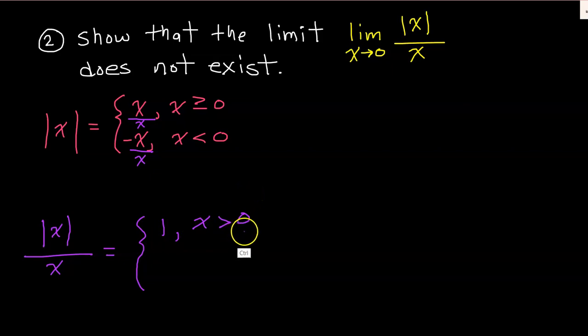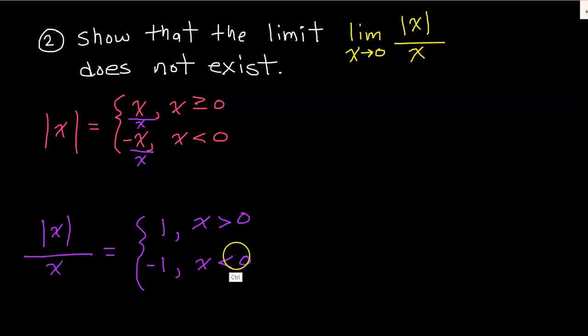At 0, it's just plain undefined. So we don't need to write anything about that in the piecewise function. Anyway, if we have negative x divided by x, that's going to be negative 1. Again, as long as x is less than 0, can't be equal to 0 still.